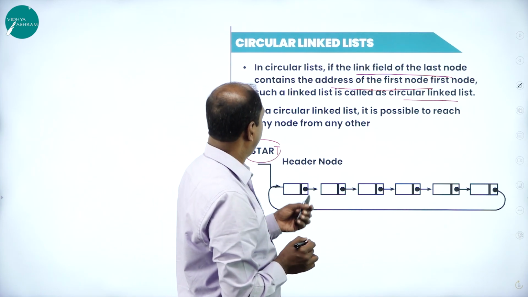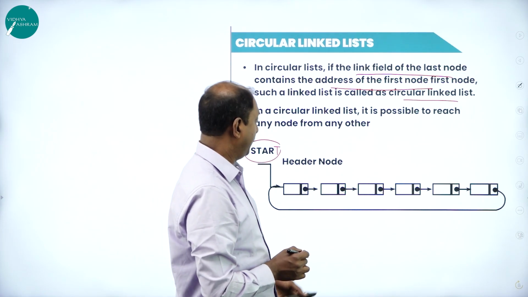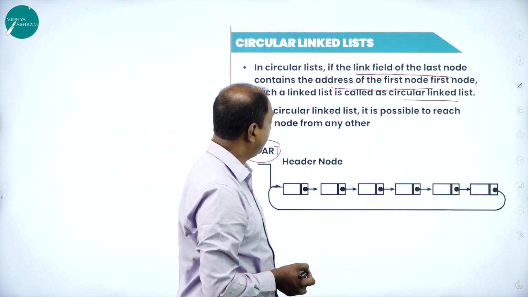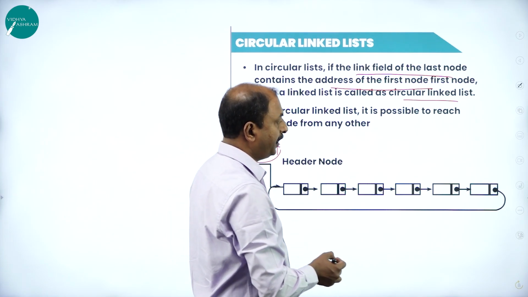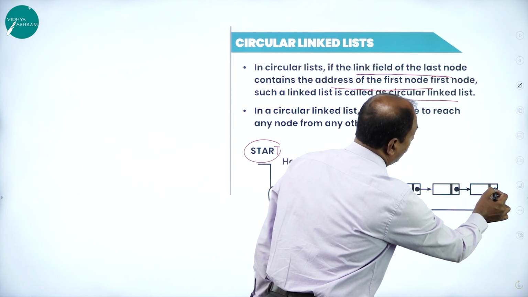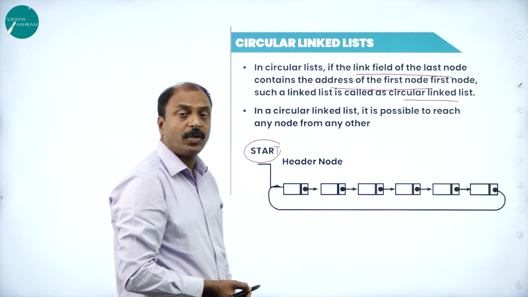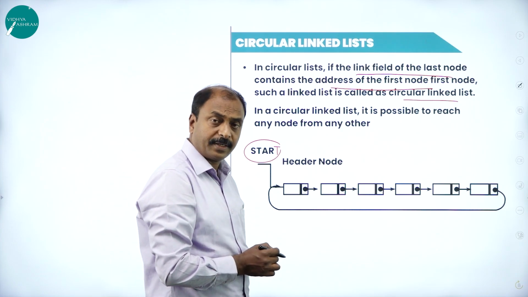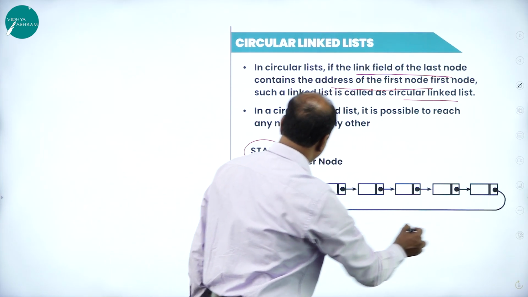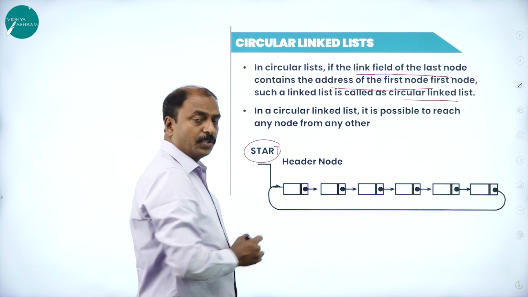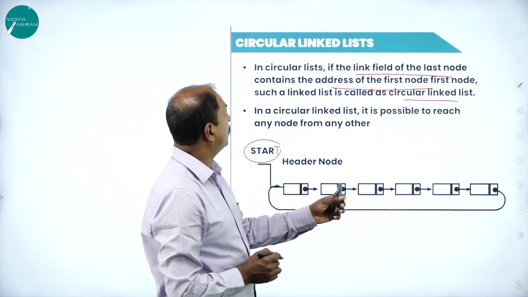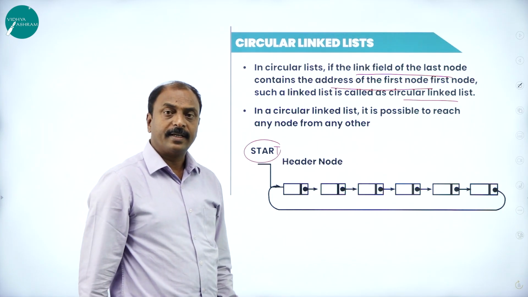It contains the address of the first node, and another name is header pointer or header node. And here if you observe, the link field of the last node of the linked list contains the address of the first node. So this is the definition of a circular linked list.